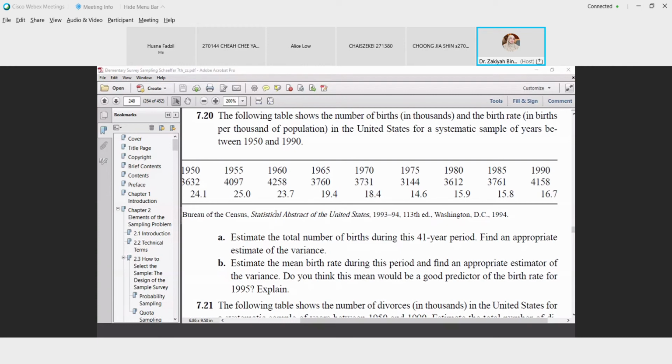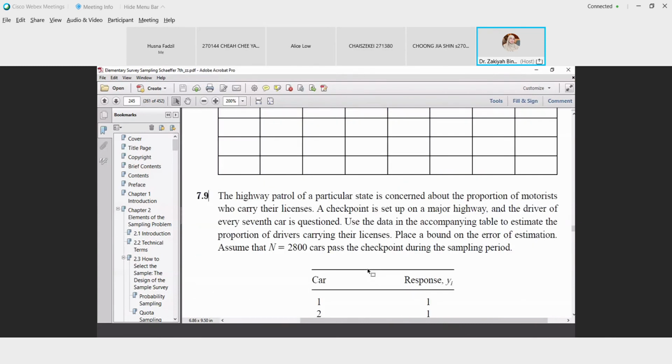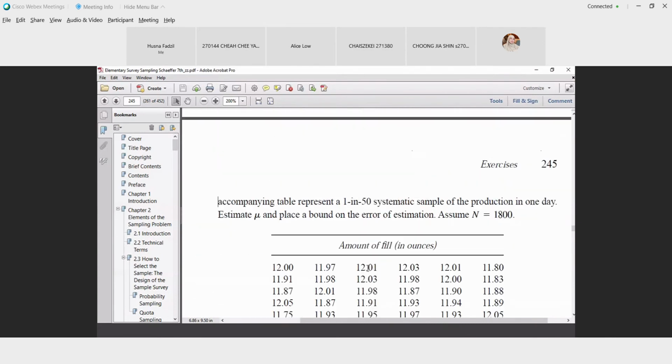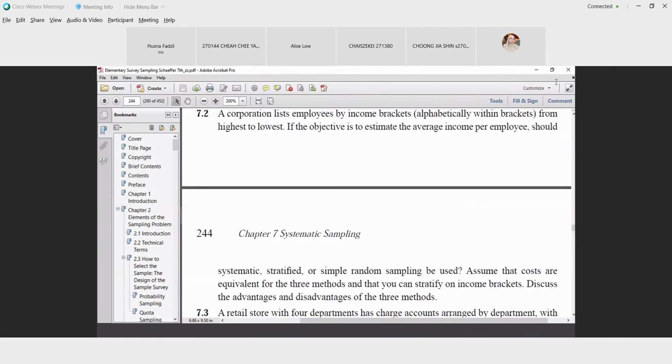So what was the question that you were asked in 7.2? Just go up a bit, 7.2. A corporation lists employees by income brackets, alphabetically within brackets.